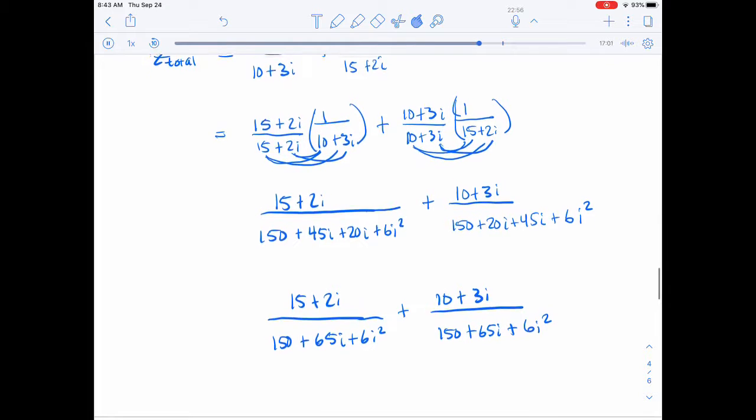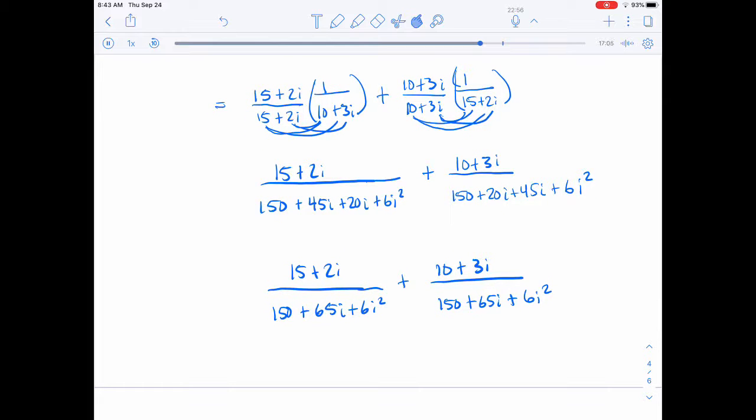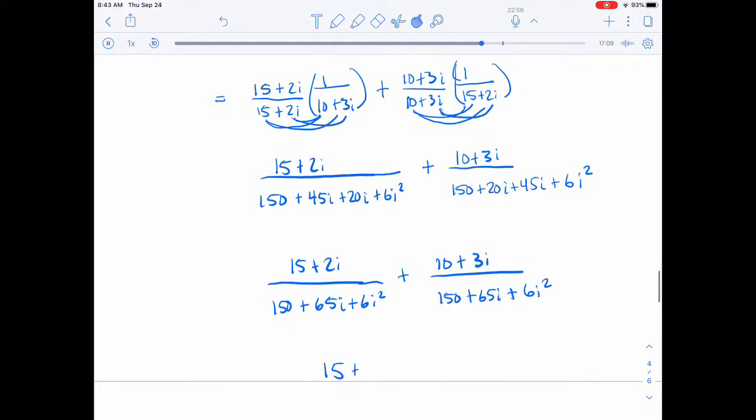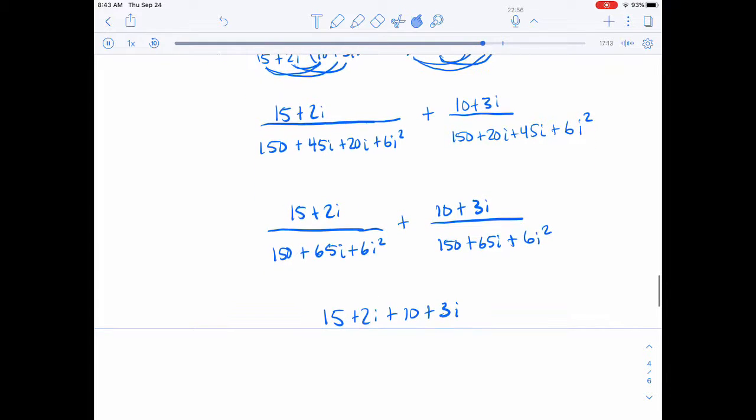So we can combine our numerators now that we have a common denominator. So our numerator becomes 15 plus 2i plus 10 plus 3i. Our denominator is 150 plus 65i plus 6, but I'm going to substitute in a negative 1 in here for i squared.